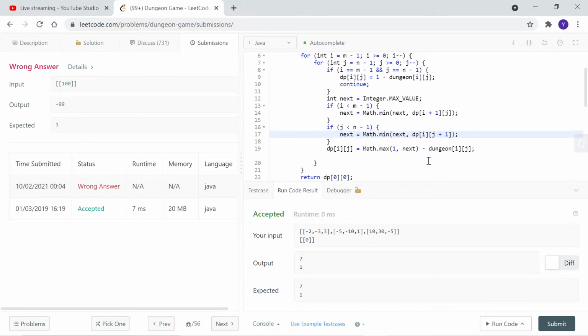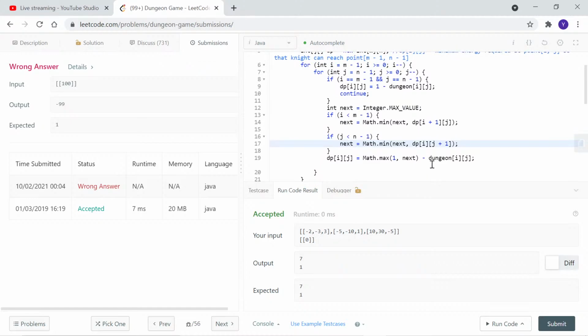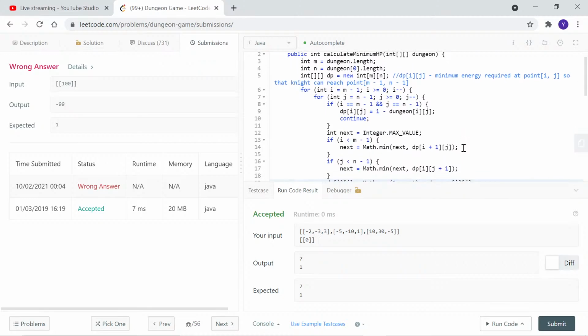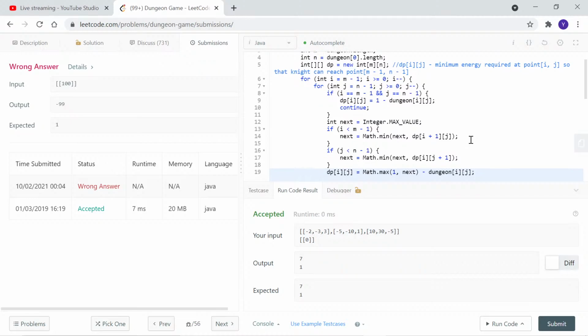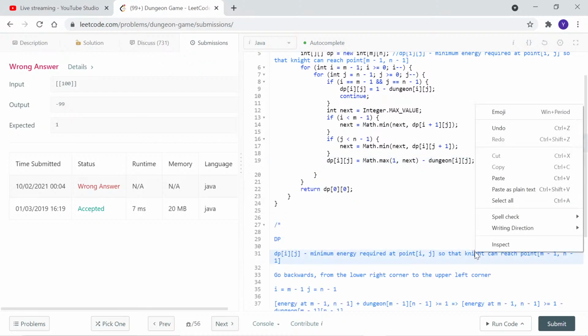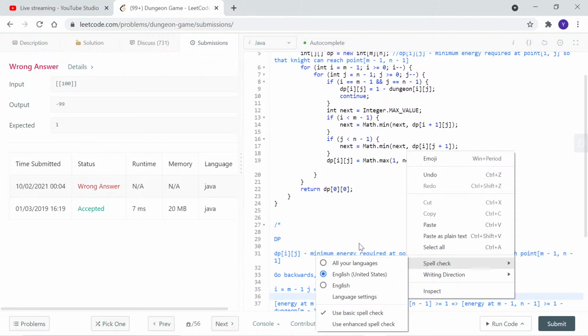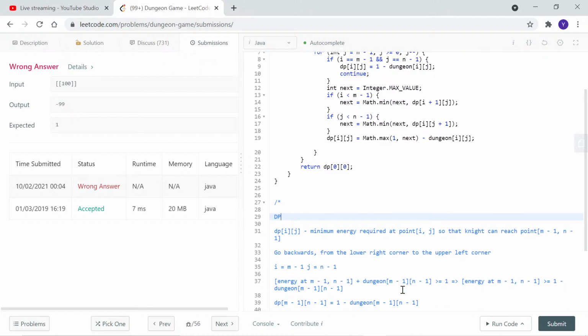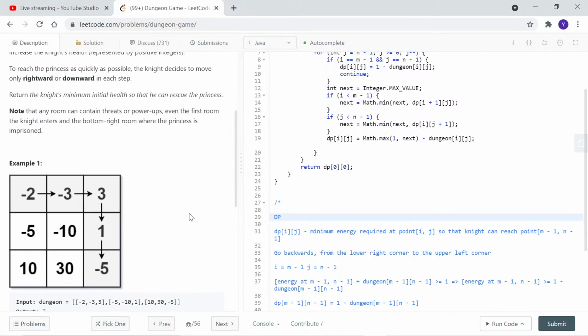Once there's only one value, it's the minimum initial health.